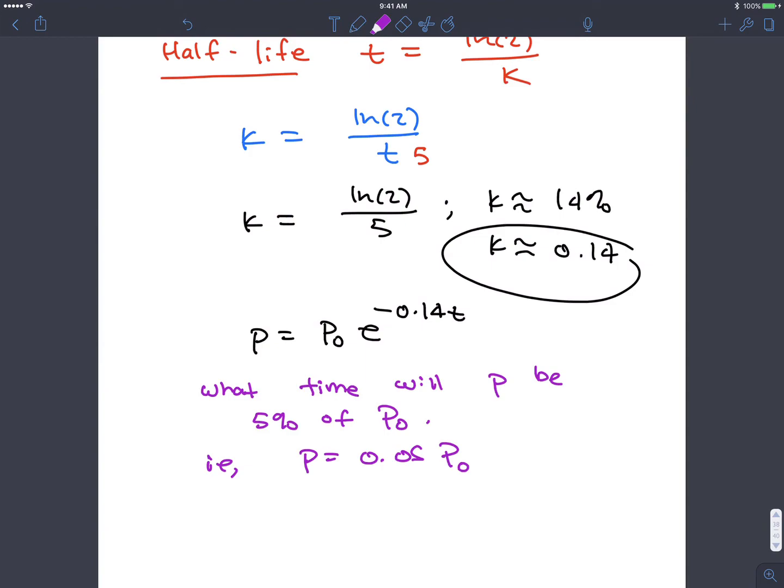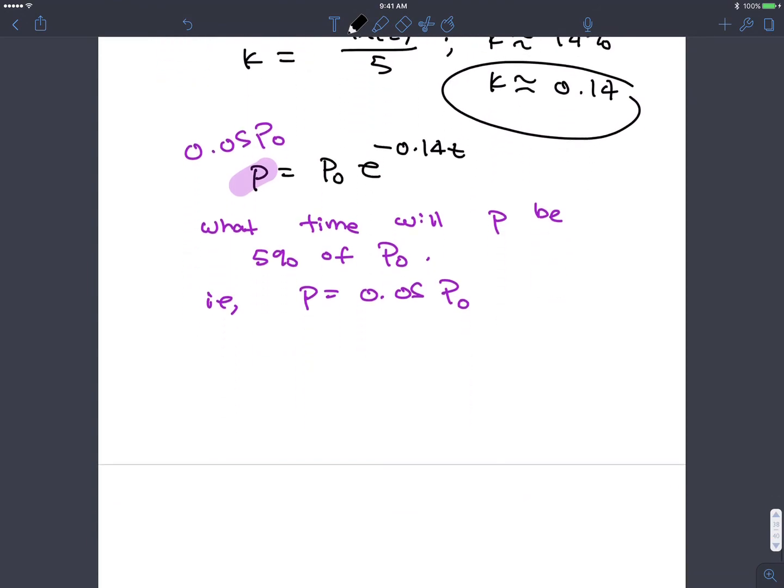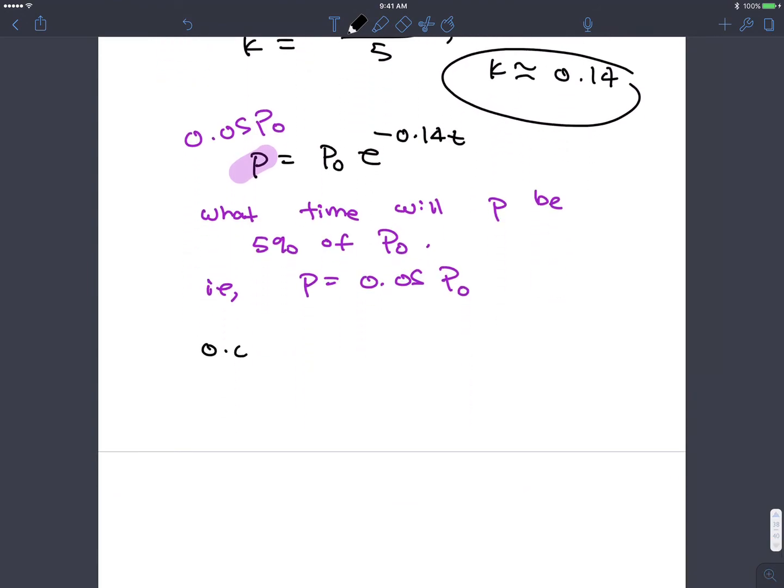This is what we're going to replace for this P. So our equation becomes 0.05 P naught, that's 5% of the initial amount, equals the initial amount P naught, e to the minus 0.14t.